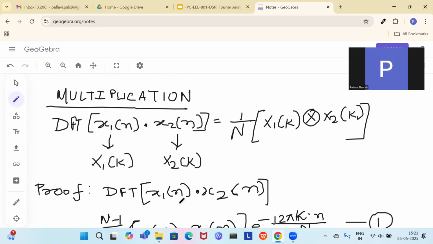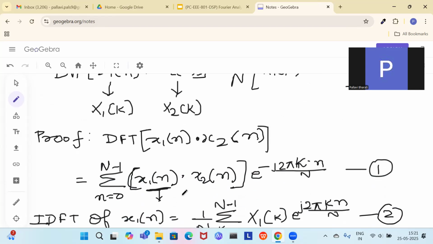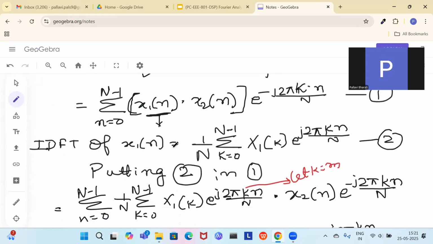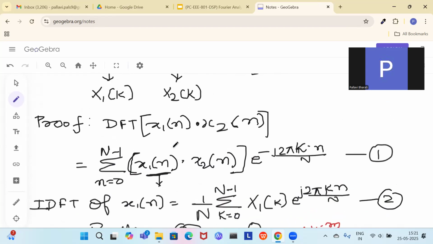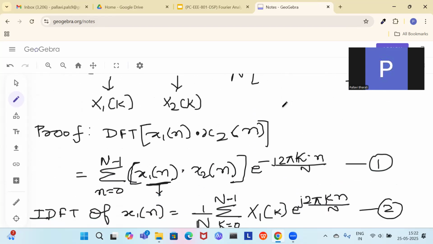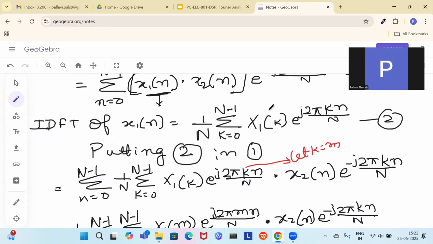So we started with the multiplied signal, taking the DFT of this multiplied signal. One of these signals I will write in the IDFT format because that will give me x1k. Here you see, you want this x1k and x2k. So somehow you have to think to bring this x1k. So here what we think of is taking out the IDFT. Once you write the IDFT of x1n, you have this x1k.